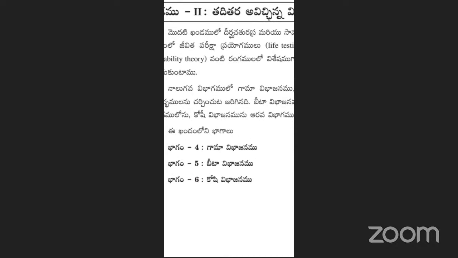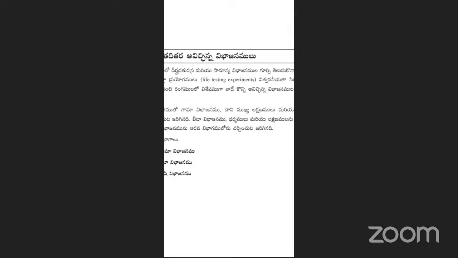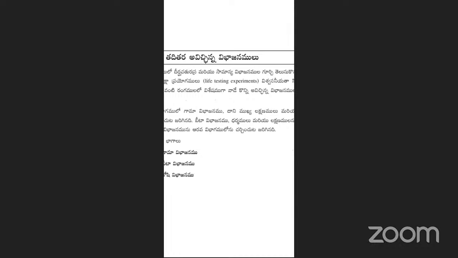Next, this is part 2, other continuous distributions. Those are gamma distribution, beta distribution, and Cauchy distribution. Here also X is a continuous random variable which lies in certain limits, and which can be used in life testing experiments, and also we can use it in reliability theory.